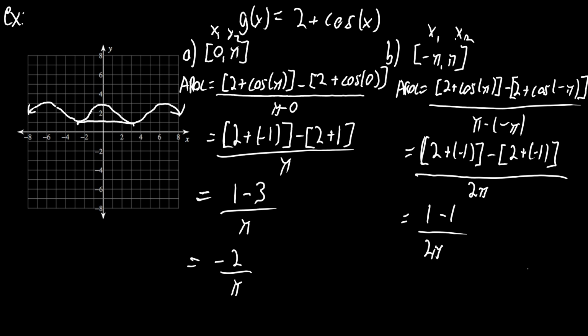Okay, what about from 0 to pi? Let's just erase this here. 0 to pi is going to be from this point to here. Okay, it's kind of hard to see there, but this slope is just negative 2 over pi. Okay, let's move on to the next example here.